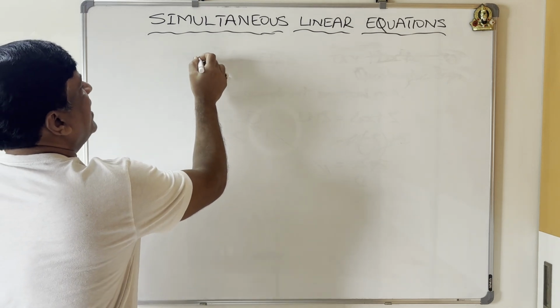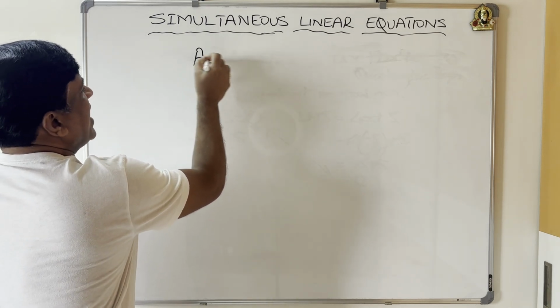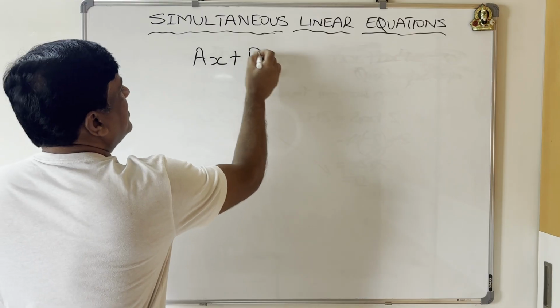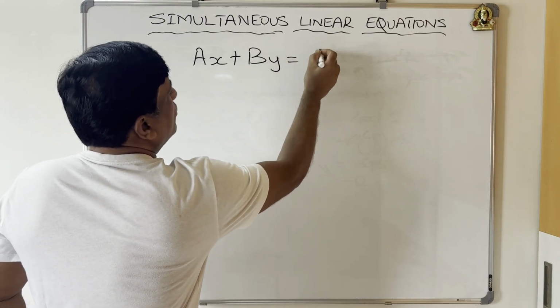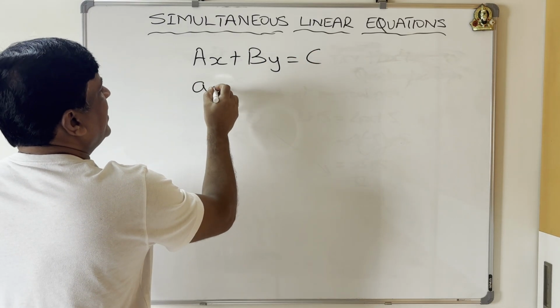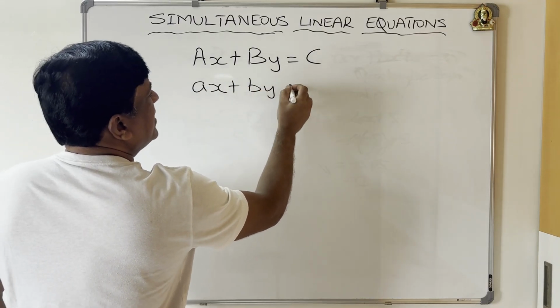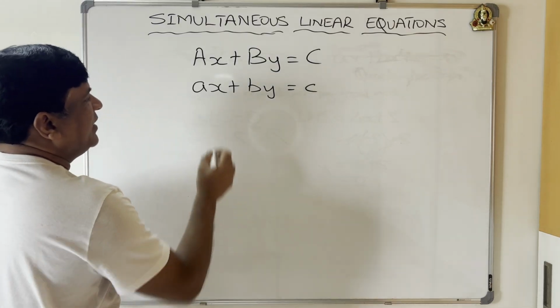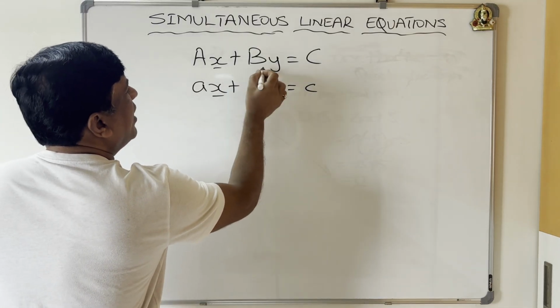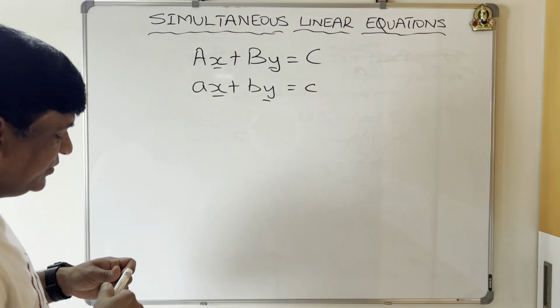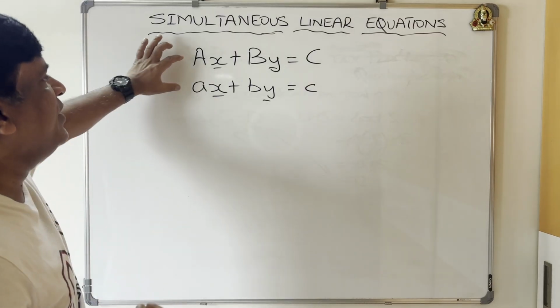I can represent that equation like this: ax plus by is equal to c, and I can write another equation as ax plus by equal to c. How many variables do you have? You have two variables. Now, these are two linear equations.